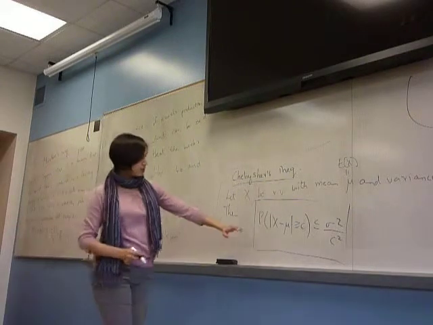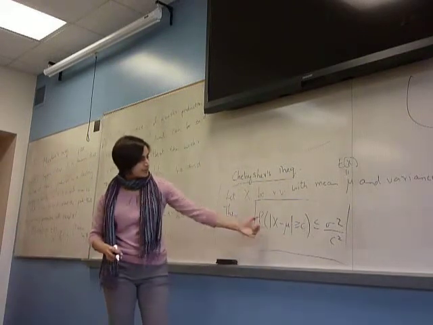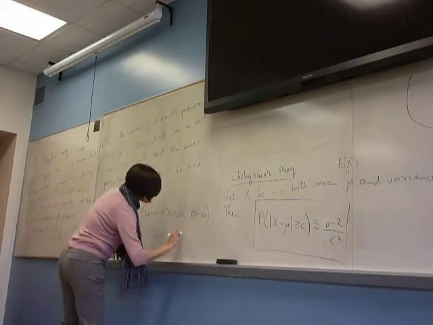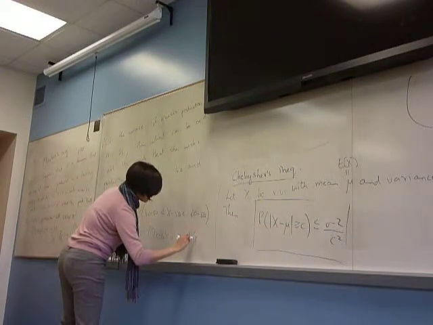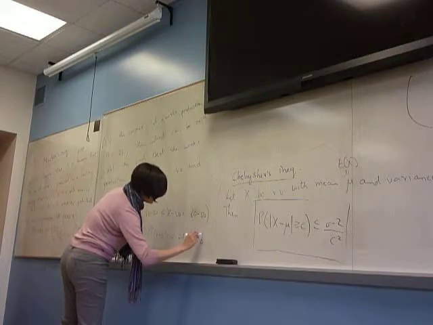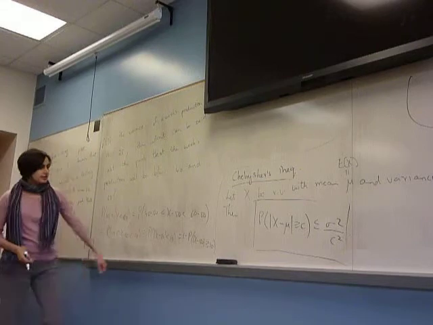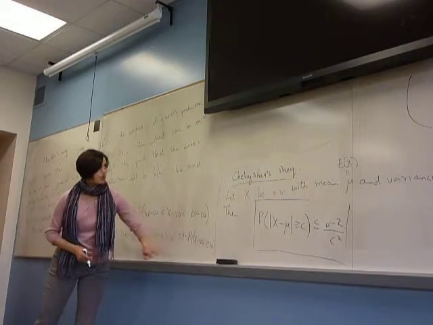But Chebyshev's inequality is in the other direction: the probability of this distance being greater than or equal to something. So we write this as 1 minus the probability that |X minus 50| is greater than or equal to 10. Now for this we can use Chebyshev's inequality.